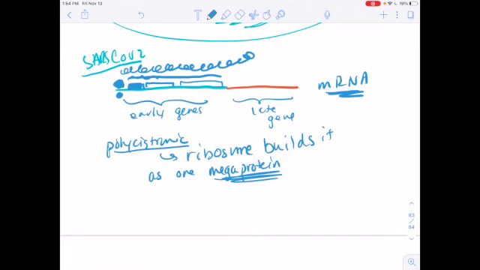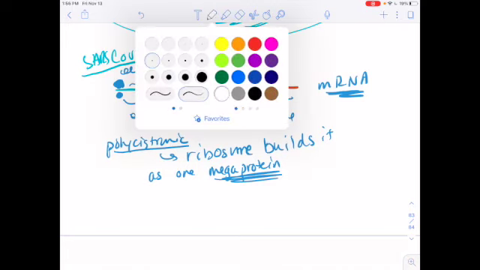Okay, so the ribosome builds this as one long gigantic protein, one megaprotein. What's really interesting is that the ribosome, and I gotta erase a little bit of stuff here. There we go. It goes along, and let's say it's right to here. Gotta get rid of some of this stuff.